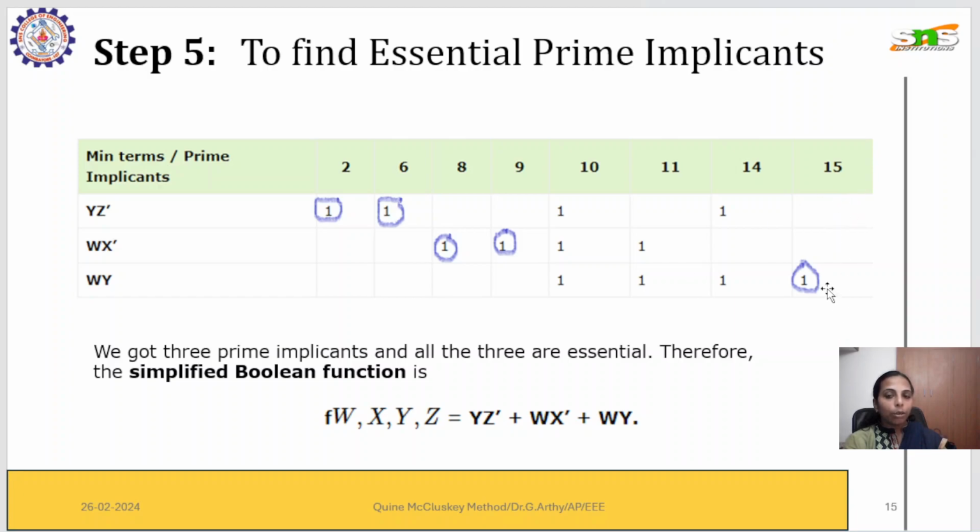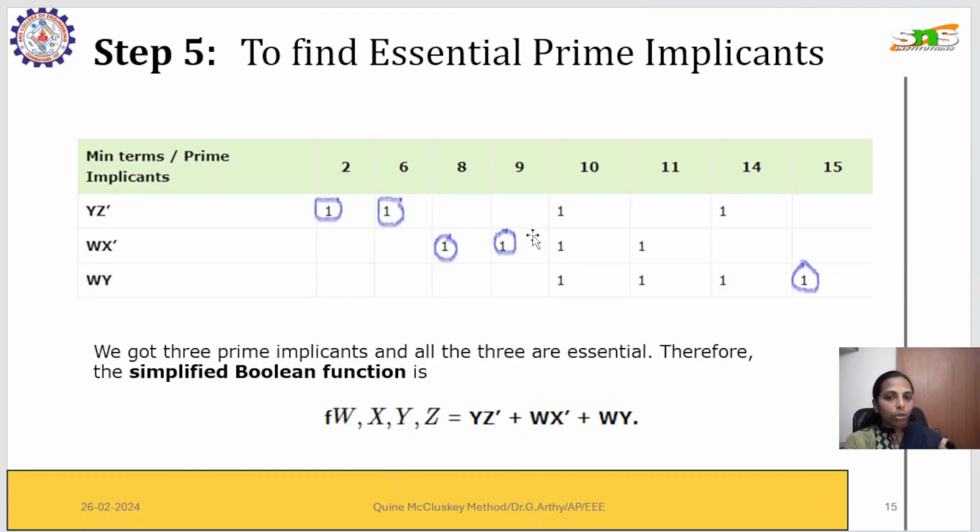And in this column, there is only one, so that also will be considered. Now, the simplified Boolean expression: wherever I have found an essential prime implicant, the prime implicant related to it has to be noted. So in this row, we have marked the essential prime implicant and the term related to it is yz dash.